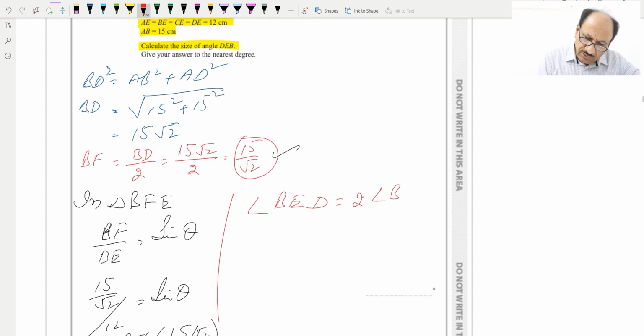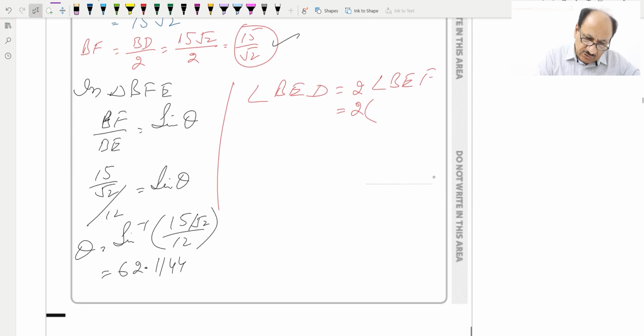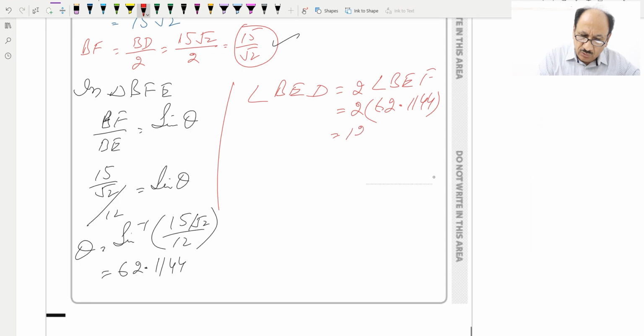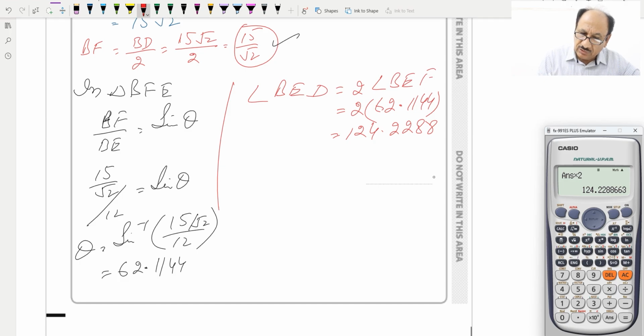So angle BEF, which we calculated as 62.1144, will be multiplied by 2, which is equal to 124.2288.